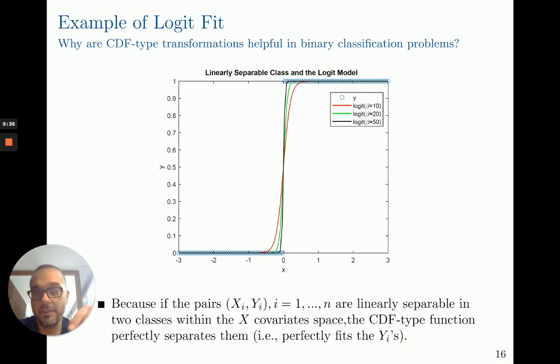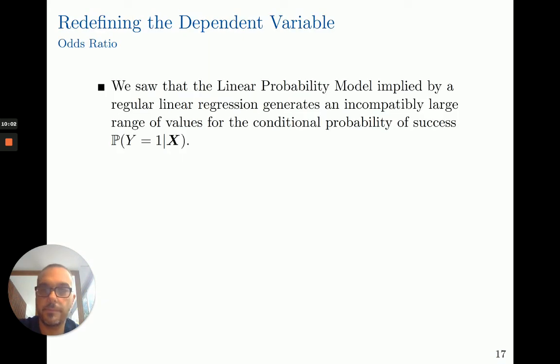In this case, because the pairs x and y are linearly separable into two classes within the X covariate space, the CDF type function perfectly separates them. It perfectly fits the y's, in this situation where the two classes, 0 and 1, are linearly separable.